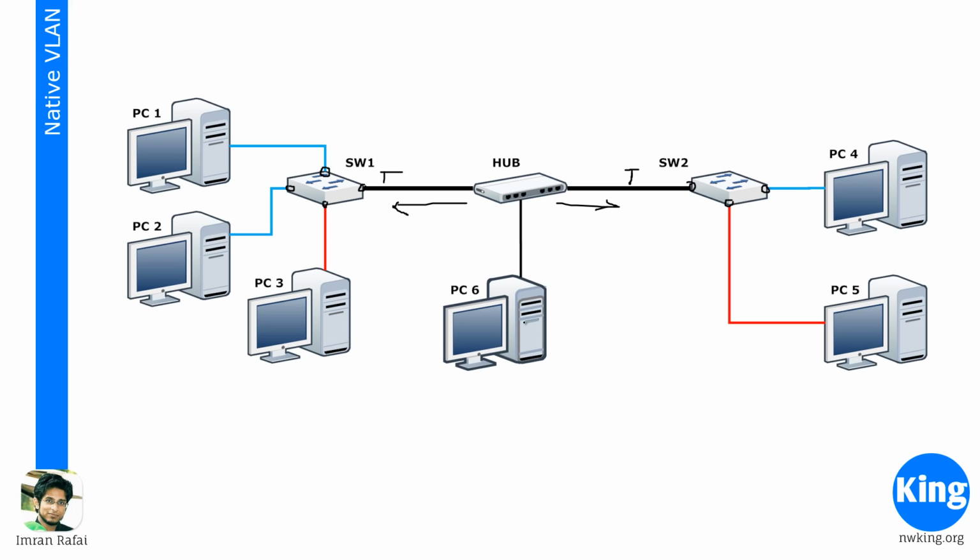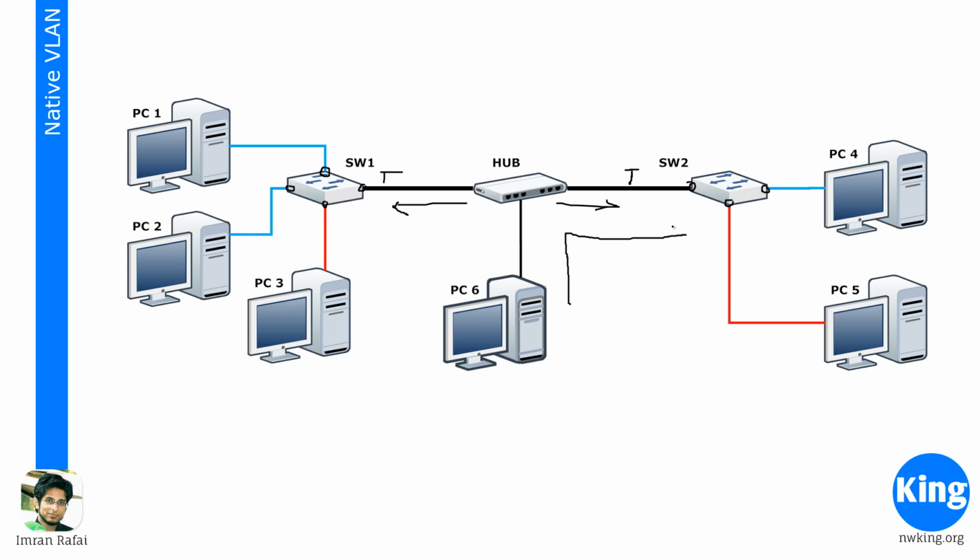Now, PC, like we said, when any traffic comes from here, it's tagged with VLANs, it comes to the PC. The PC doesn't understand anything about VLANs, so it just drops it. But what happens when this PC6 wants to communicate with, let's say, PC4, right? So this PC sends traffic, right?